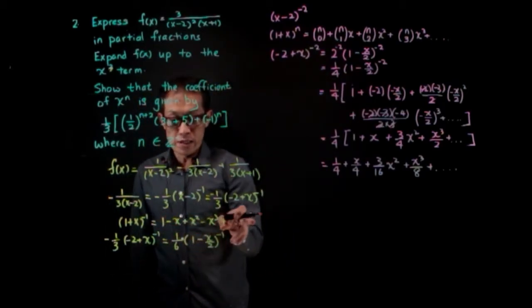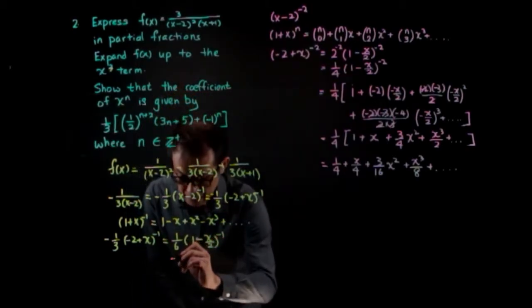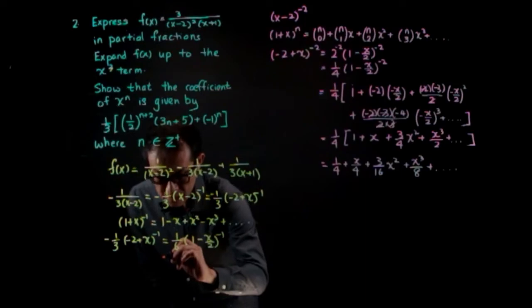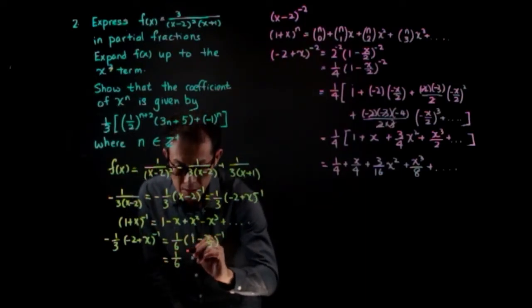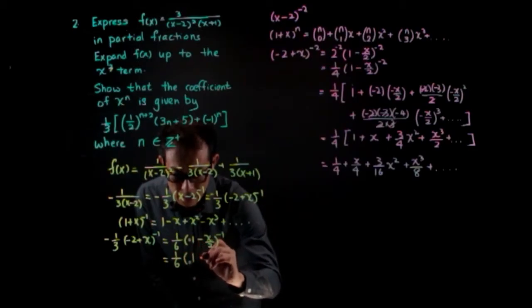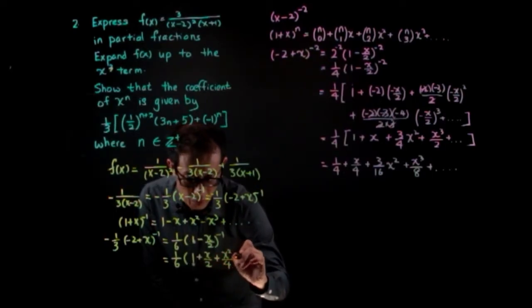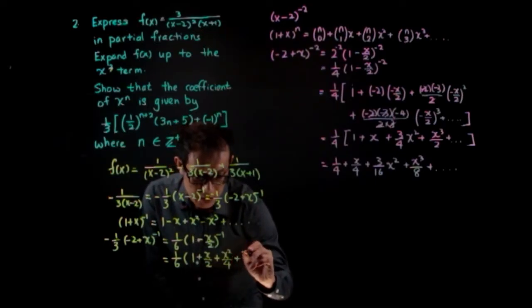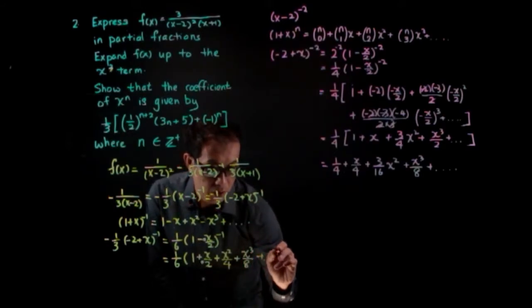Now you can use this standard expansion to get the answer for this. So you have 1/6 into 1 plus x over 2 plus x squared over 4 plus x cubed over 8 plus dot dot dot.